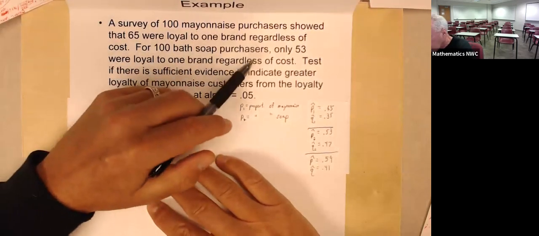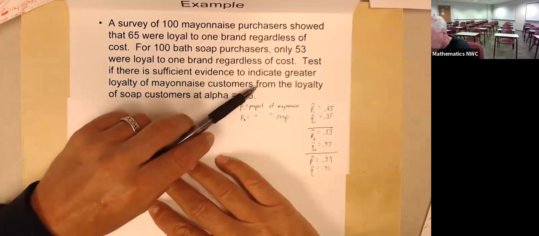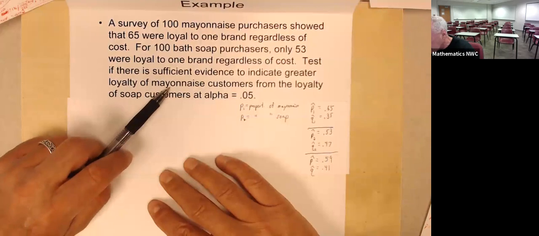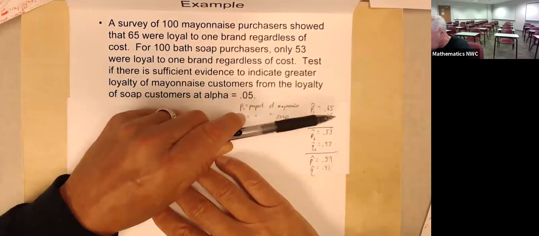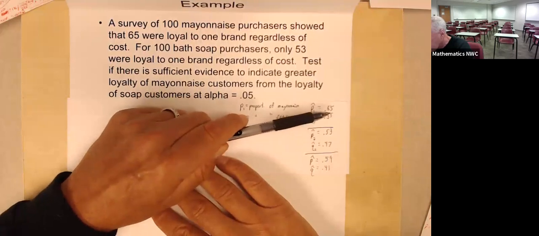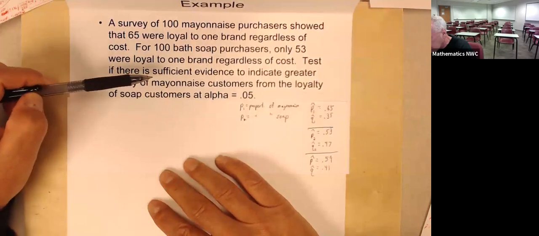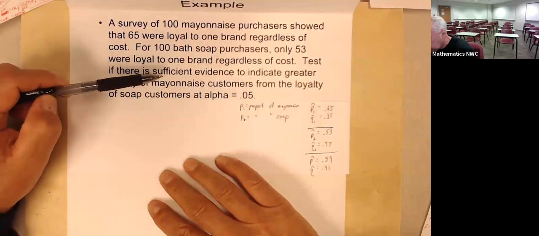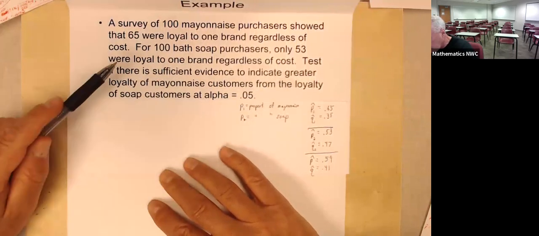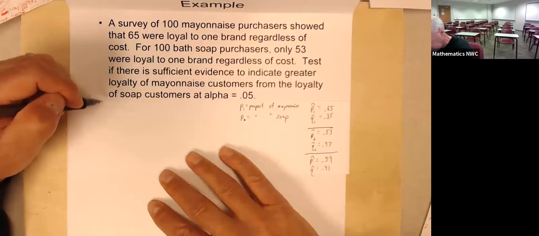Okay, we're looking to see if we have greater loyalty of the mayonnaise customers. Notice the mayonnaise had 0.65, the soap 0.53. Is that enough of a difference that we have evidence that is statistically significant that would indicate a difference? That means because of the greater, we're looking at a single-tailed test.